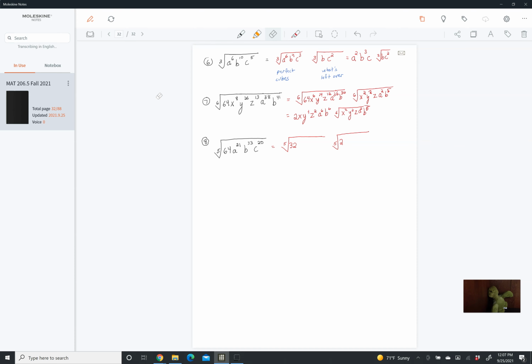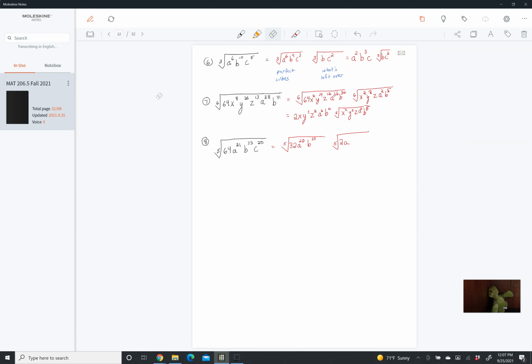Then we do each of our variables. So we're going to have an a to the 20th under here. 21 is not divisible by 5, but 20 is. Which means that we're going to be left with an a to the 1st. Then we're going to have a b to the 30th. 33 is not divisible by 5. 32 is not. 31 is not, but 30 is.